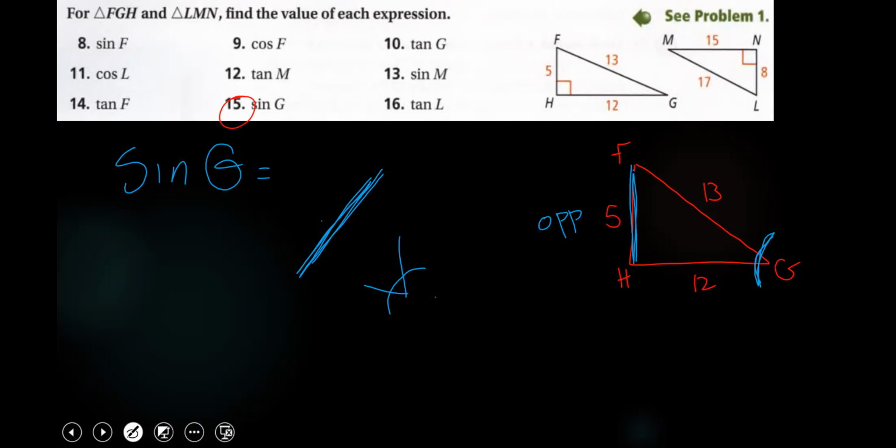Now the adjacent, that means the side that is near G. Where's the side that's near G? 12. 12, bravo. This is the adjacent. And what do we call 13?